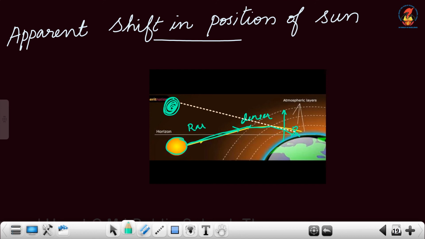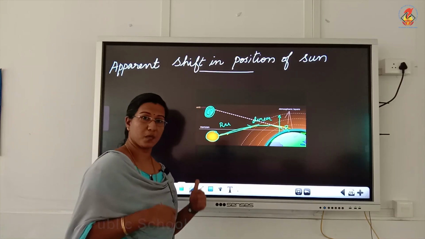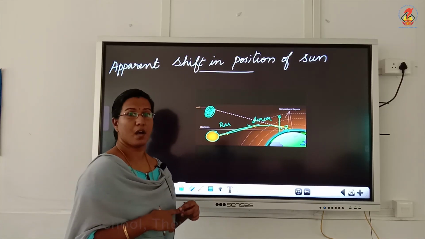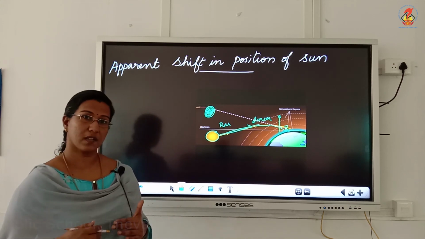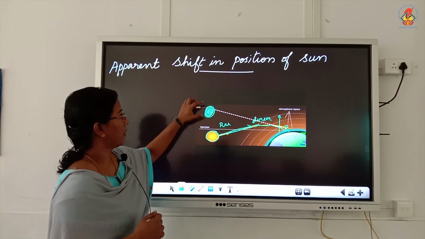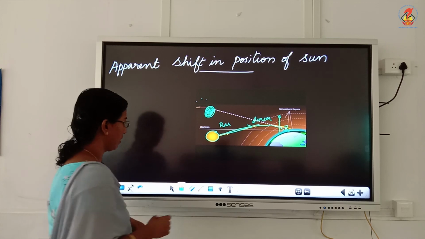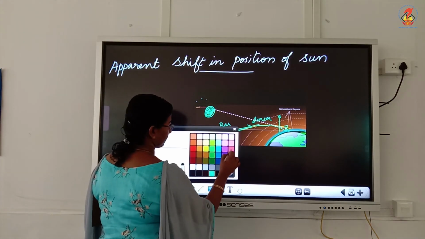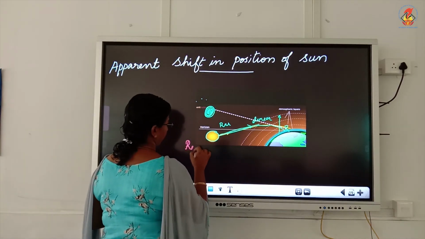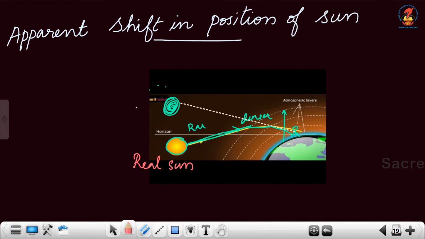The sun is below the horizon. But due to the repeated atmospheric refraction, for a person viewing the sun, it appears to be at this particular position. So, this is actually the real sun, and this is the apparent sun, or the apparent shift in the position of the sun.